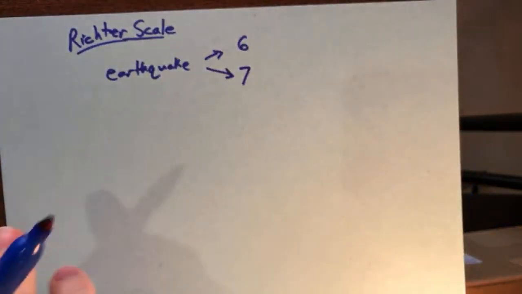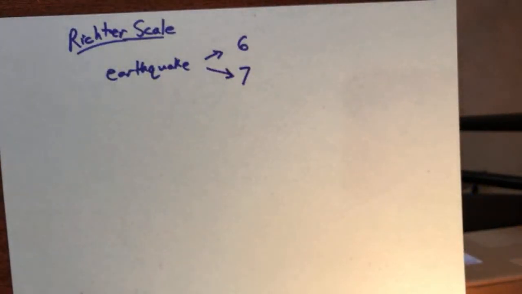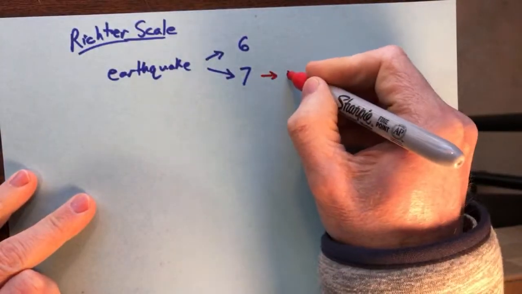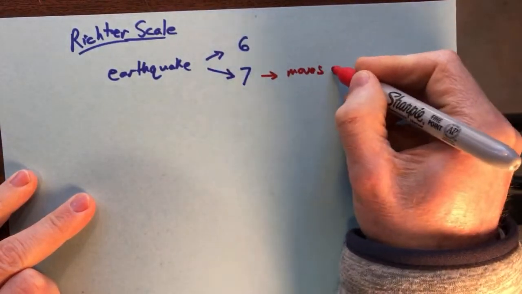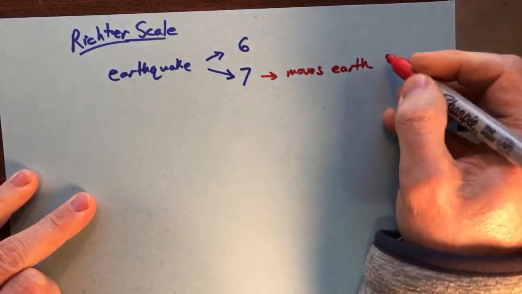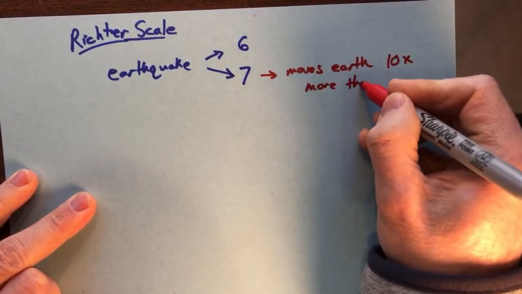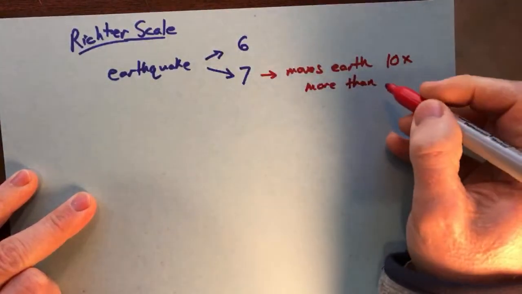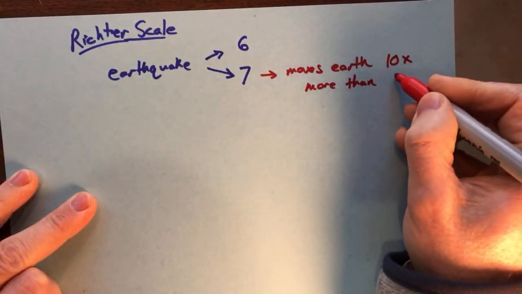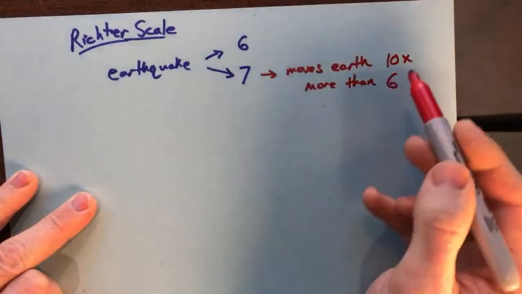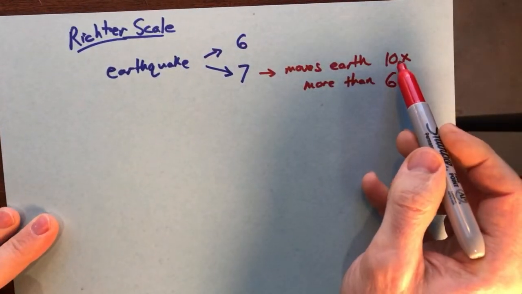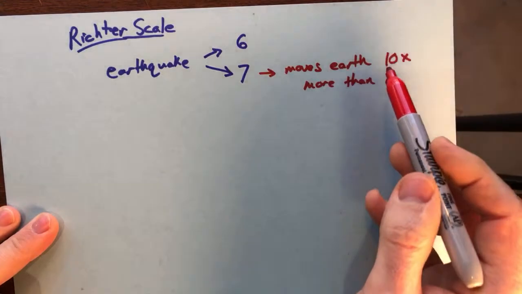And the way this is done is that this 7 essentially moves the Earth 10 times more than the Richter scale number 6, okay? And in terms of power, it's even more than 10 times as powerful, but let's get to the definition.